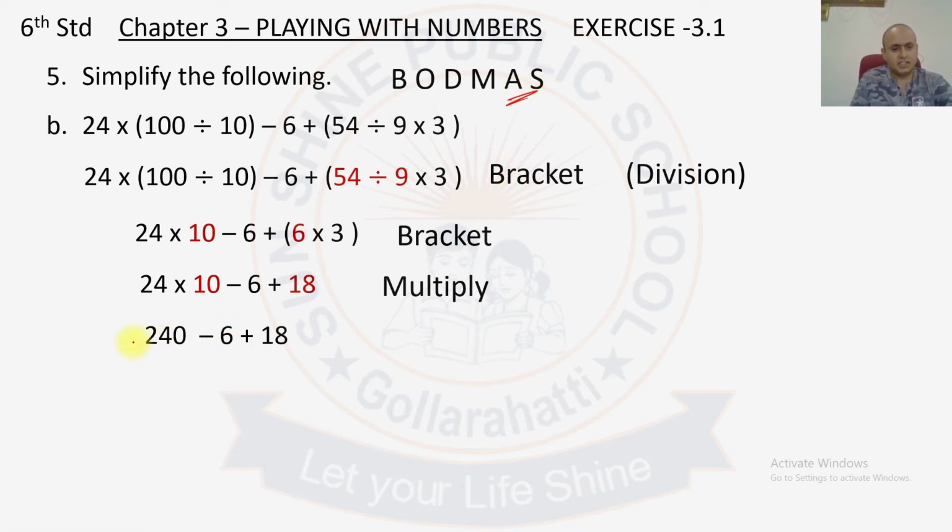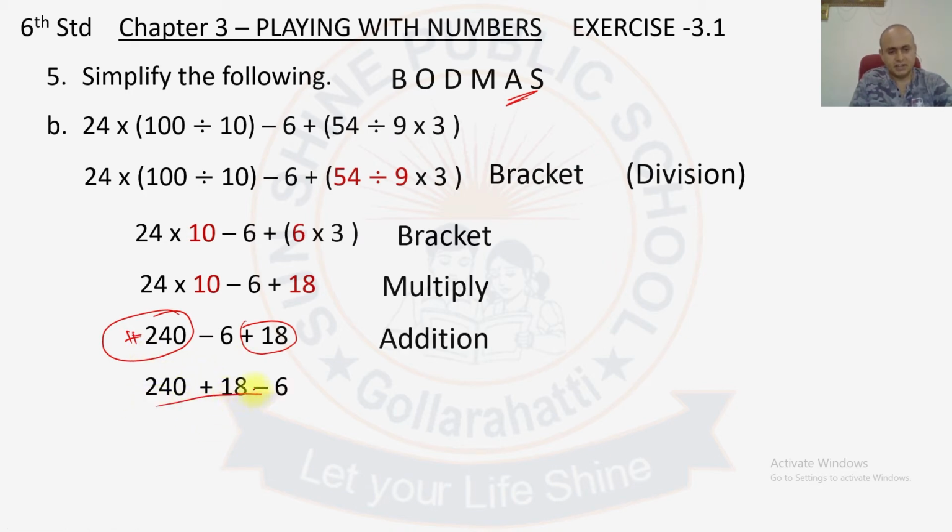In addition and subtraction you have to add first according to BODMAS rules. So addition means here you got 240 plus sign and 18. You have to add these two numbers because they have the addition sign. I have taken 240 plus 18 to one side. So 240 plus 18, if you add, you get 258.